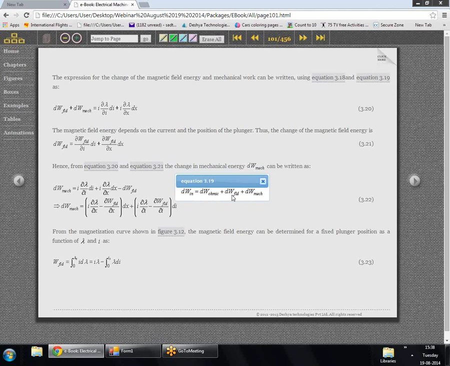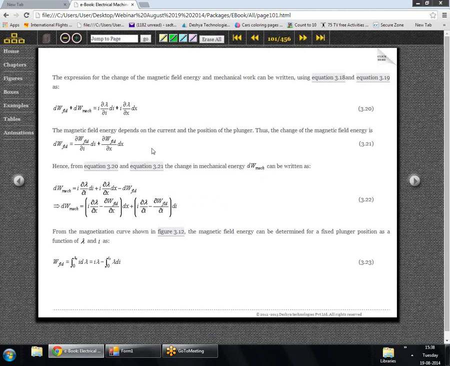So if we look at the field energy part only, it's a function of both current and displacement, because as the current would change, the stored energy in the inductance would change. As the displacement would change, the inductance itself would change, and hence the stored energy in the inductance. So the differential field energy is represented in partial derivative form as shown in equation 3.21.